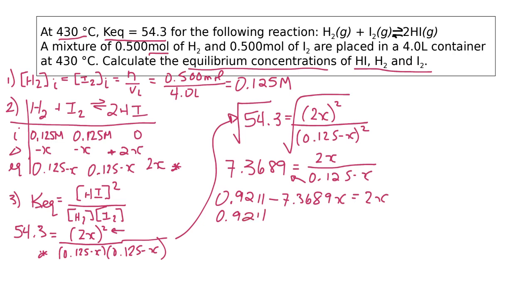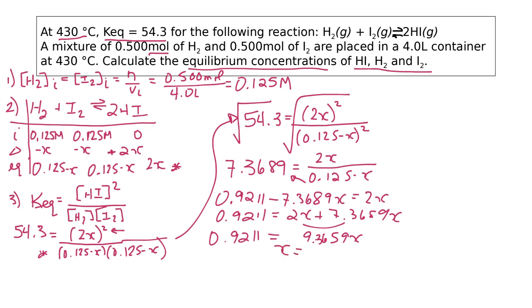So I'm just going to, again, group these. 0.9211 equals 2x plus 7.3689x. And then if I group those together, I end up with 9.3659x equaling 0.9211.